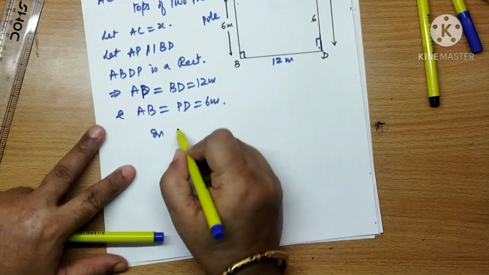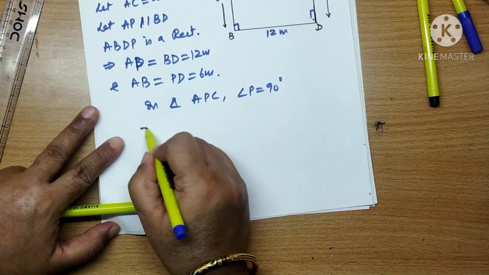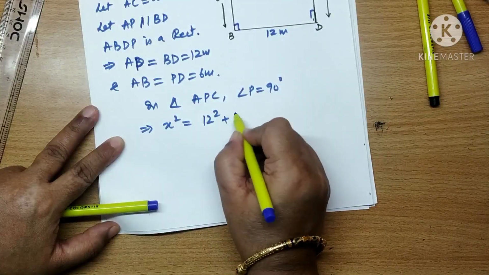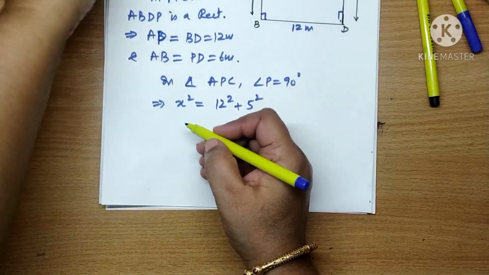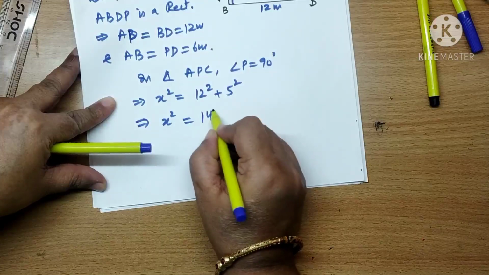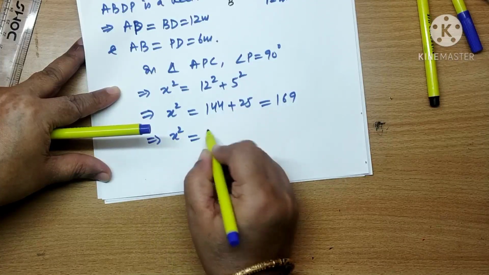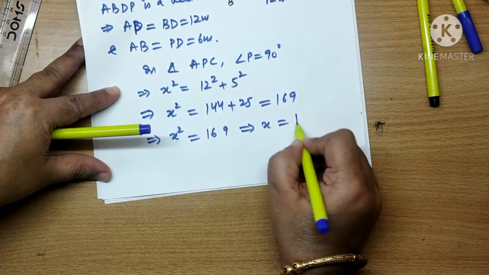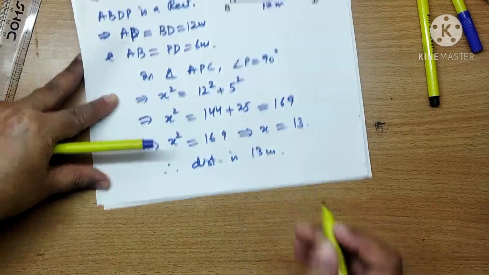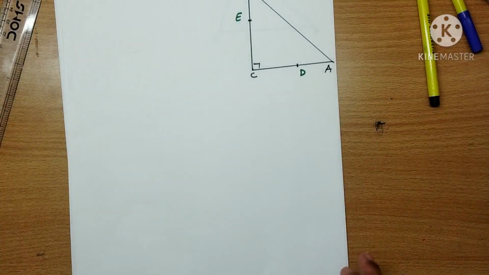Now in triangle APC, angle P is 90, implies x square is equal to 12 square plus 5 square. So x square is 144 plus 25, which is 169, implies x is 13. Therefore the distance between the tops of the two poles is 13 meter. Next question.